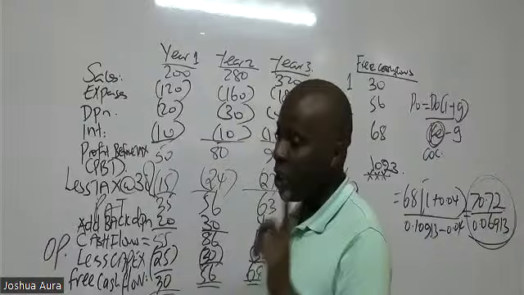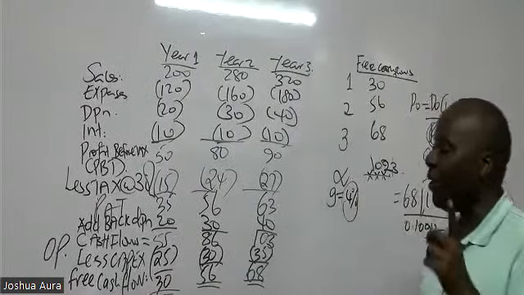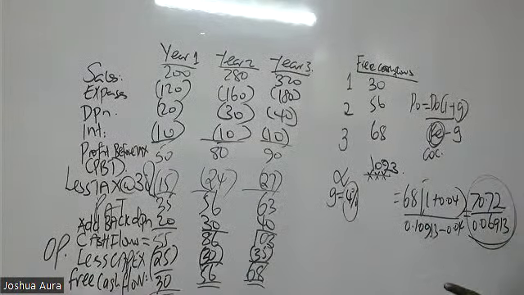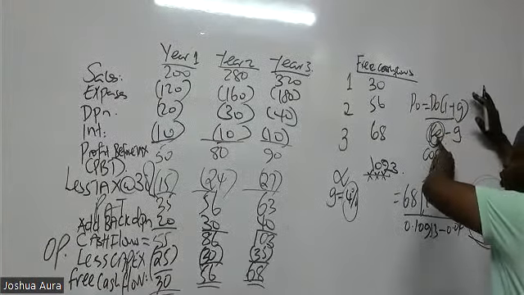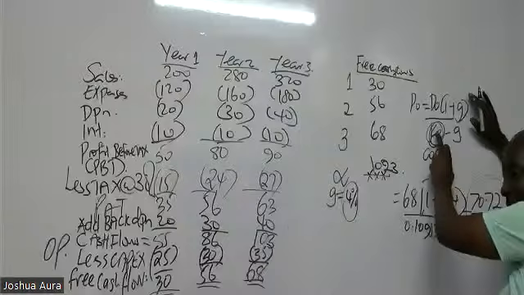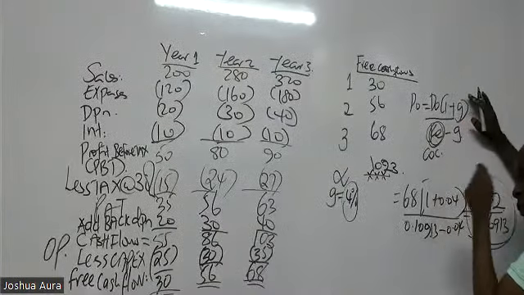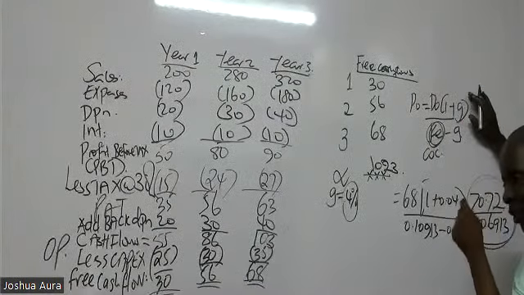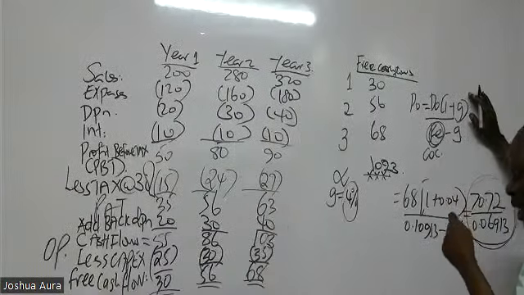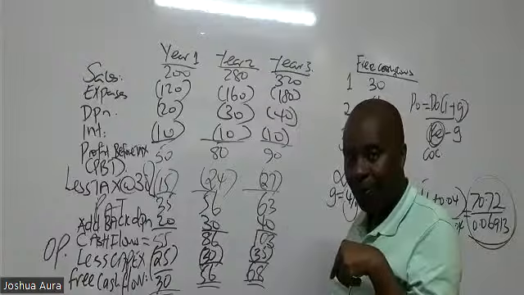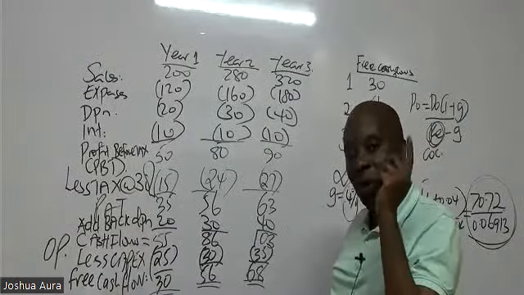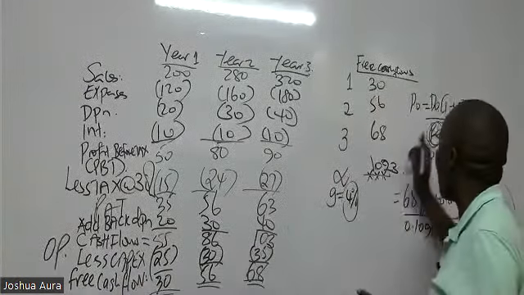Now, please, I would want you guys to listen to me very carefully. When it comes to valuation of shares, we strictly use KE here. But valuation of organizations, I would want to repeat this. Our organization here has got both debt and equity.